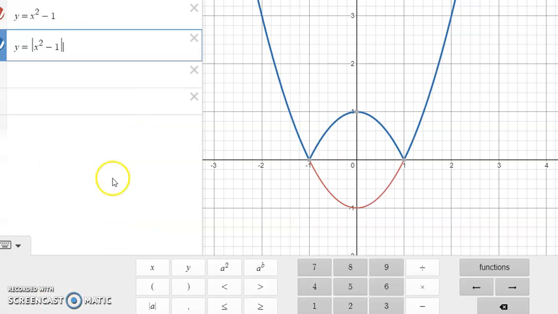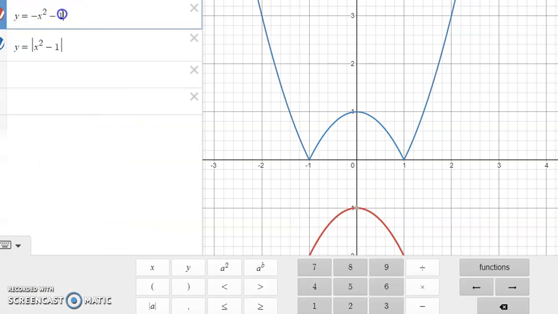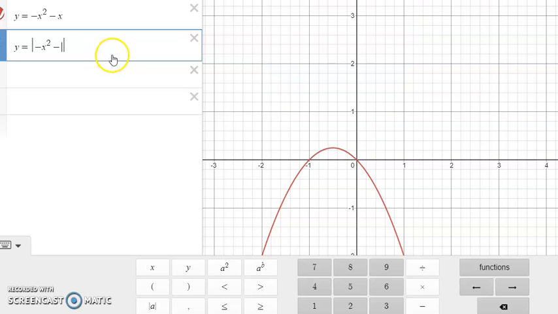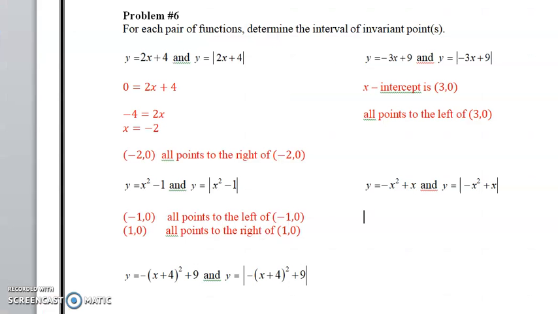Next one, let's put it in our graph, so minus x squared minus x, and then we take that whole function and take the absolute value of it. There's the original function, and then we take the absolute value of the second function. What has remained the same? It's just the interval between these 2 points here.